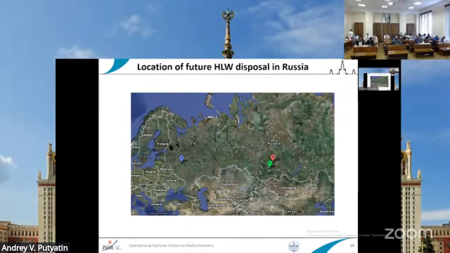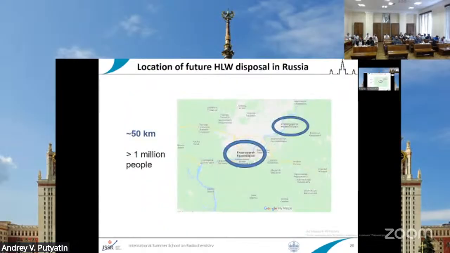And there is a city of Zheleznogorsk, not far away from Krasnoyarsk. It is around 50 kilometers if we take the direct measurement, by road it's around 80 kilometers. And Krasnoyarsk is a city with a population of more than 1 million people.